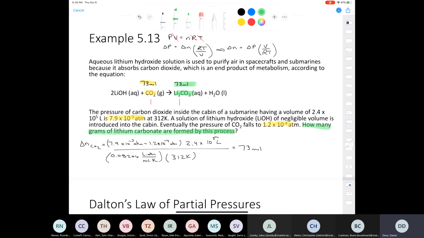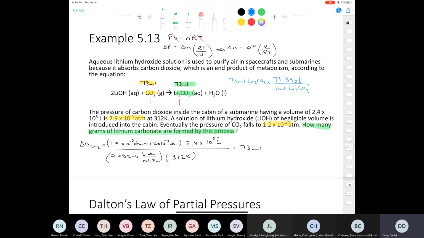Okay, if I've produced 73 moles of lithium carbonate, surely we can determine the mass. Well, 73 moles of lithium carbonate, and I know that in 1 mole of lithium carbonate, I have 73.89 grams, I've gone ahead and looked this up already.